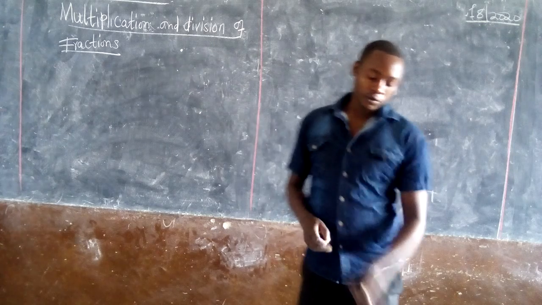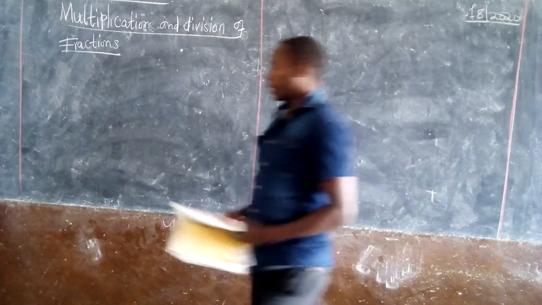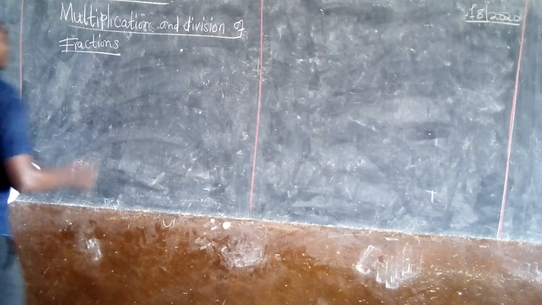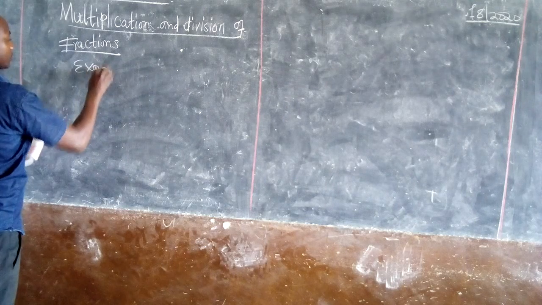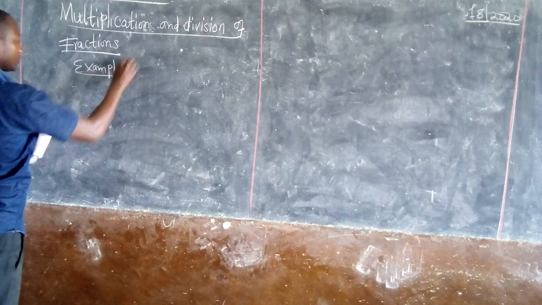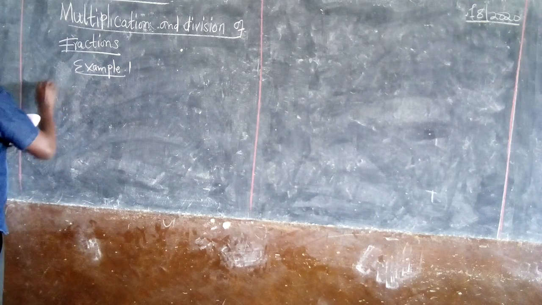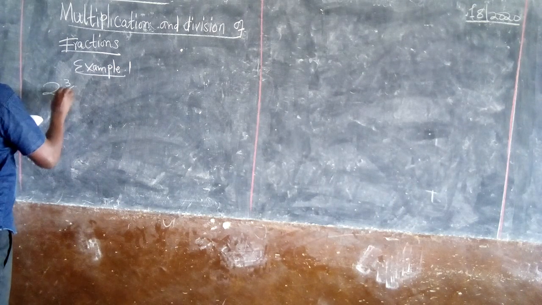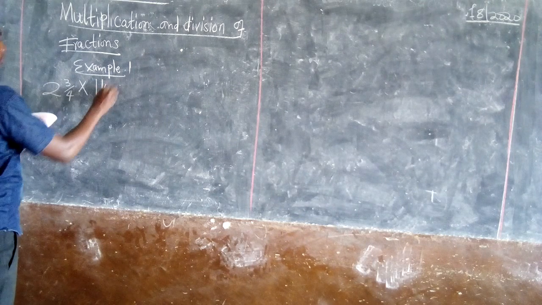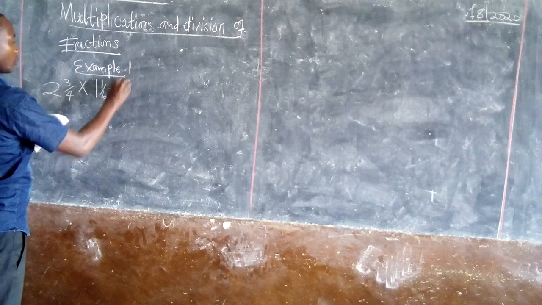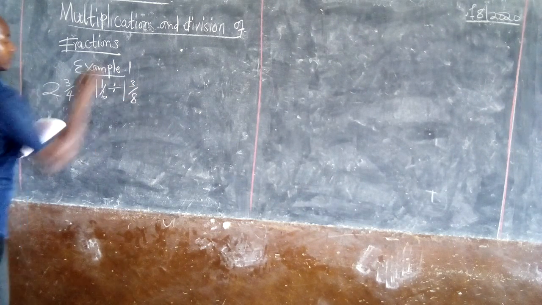For example, when you are given an exercise like this, example 1: we have 2¾ times 1/6 divided by 1⅜.